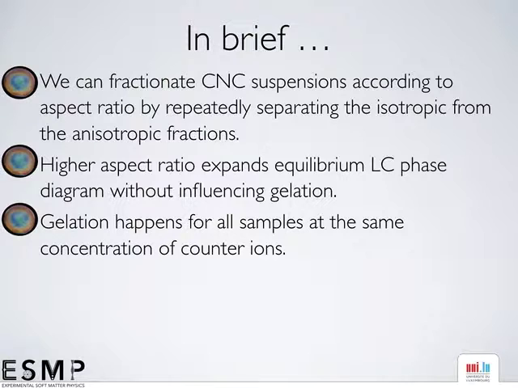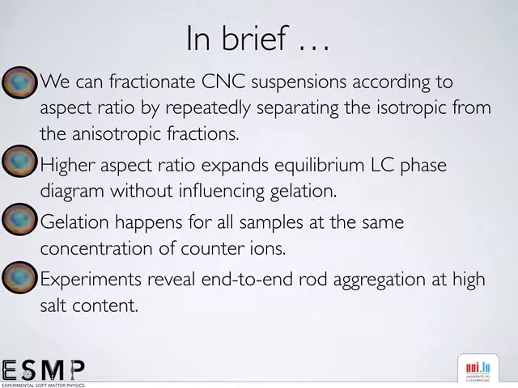Gelation happens for all the different series at the same fraction of CNC, which was a big surprise to us, and in fact at the same counterion concentration. And we are quite confident that the experiments confirm that we have end-to-end aggregation more or less.